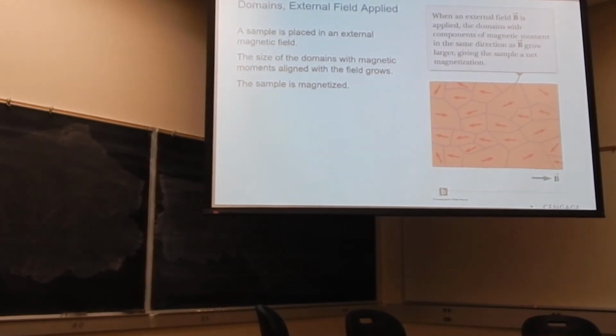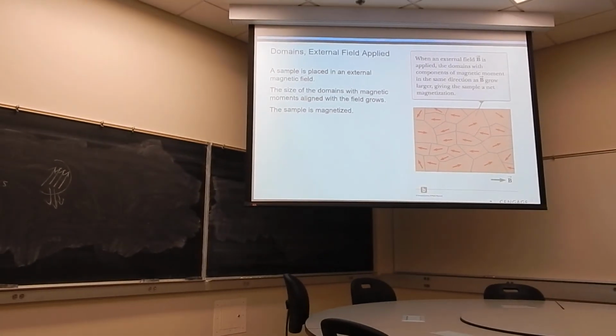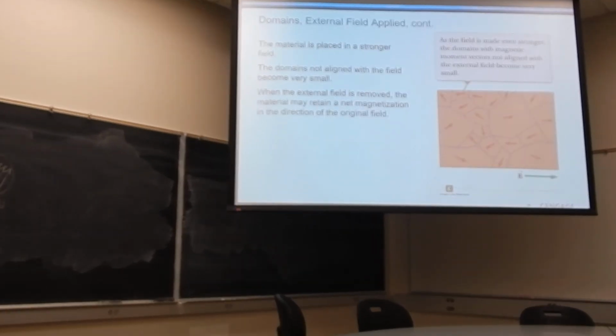So this is an external magnetic field applied to this ferromagnetic material. We see that the size of the domains will grow. You see the alignment is fairly strong. Now, once you turn off the field, the material will retain its magnetic field.